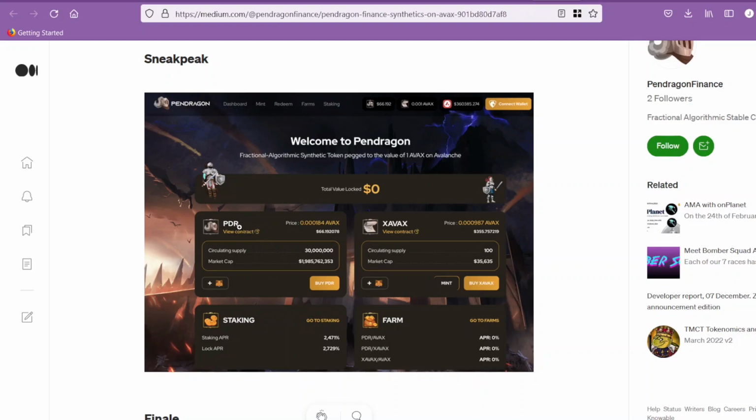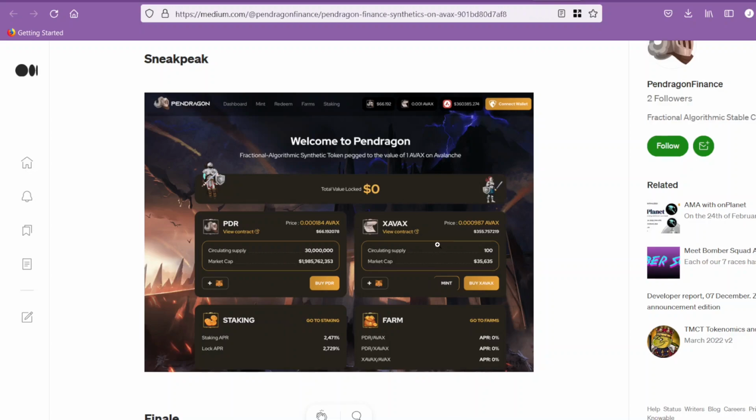There'll be another pool, which will be a PDR pool, and you'll be able to pair that with just normal AVAX. Again, you'll be given a certain amount of yield for that APY, and you should also be able to stake normal AVAX with the synthetic AVAX as well.